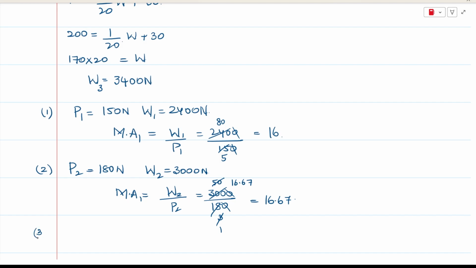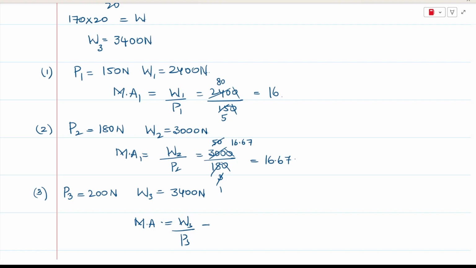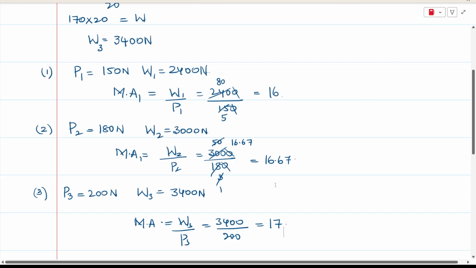Now in the third case, the effort is 200 and the load being lifted is 3400 Newtons, and the mechanical advantage will be W3 by P3, which is 3400 divided by 200, equal to 17. So for all the situations, the mechanical advantage has been calculated.